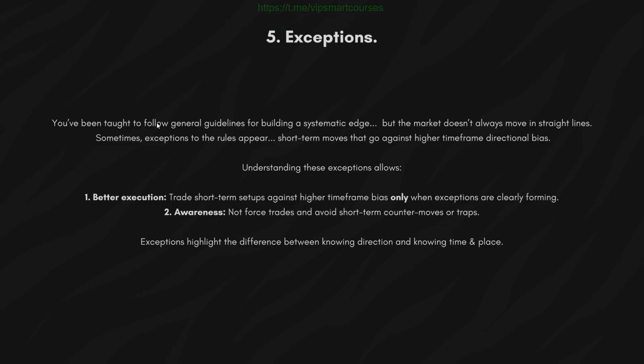Now today is Friday, and even though the bias is bullish, the drawn liquidity is higher, and we have a bullish context on the 4 hour, what usually happens is that you take a bullish trade off of that 4 hour context, you lose that trade, and price goes against the higher time frame bias and makes a counter, shorter move on Friday. That's an example of an exception where the market goes against the higher time frame bias.